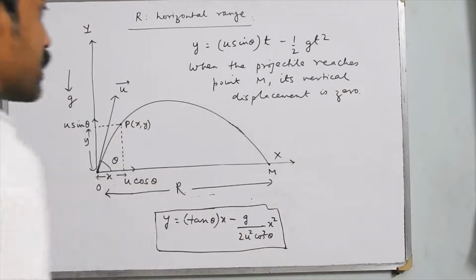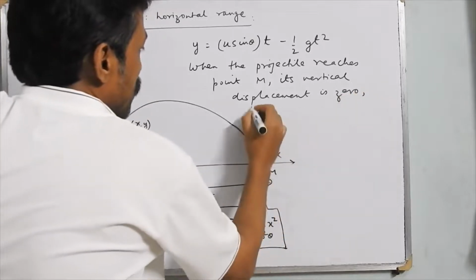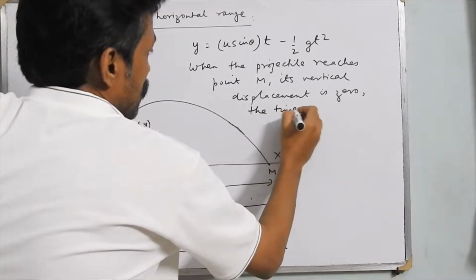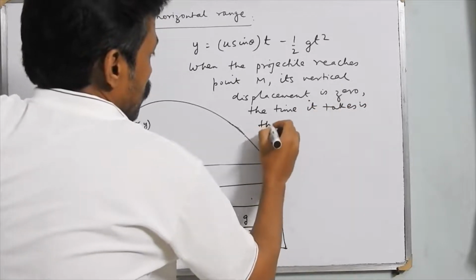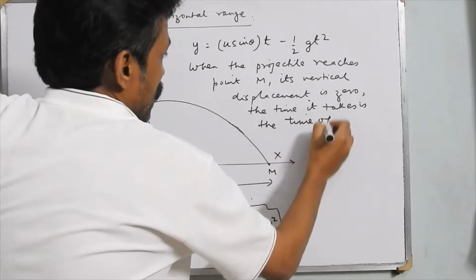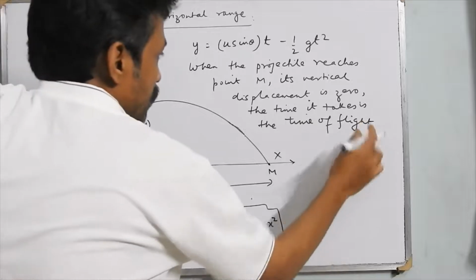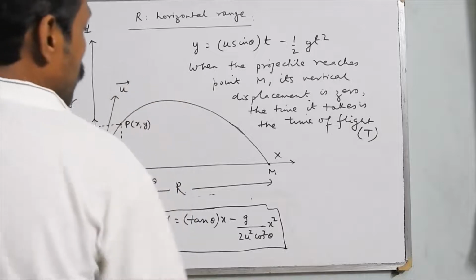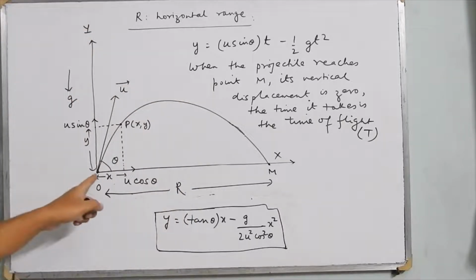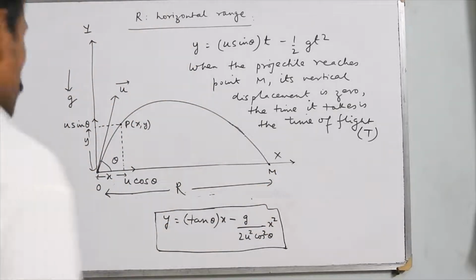But the time it takes is the time of flight, that is the time during which it is in air. Time of flight means the time during which the projectile is in air, and it can be written as capital T. So in this equation we will substitute y as 0 and small t as capital T, because when the projectile has started its journey from the point O and ultimately reached the point M, its vertical displacement is 0.